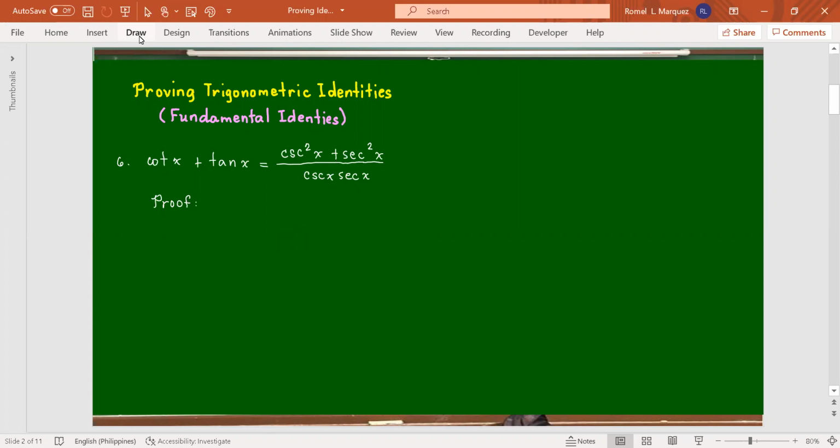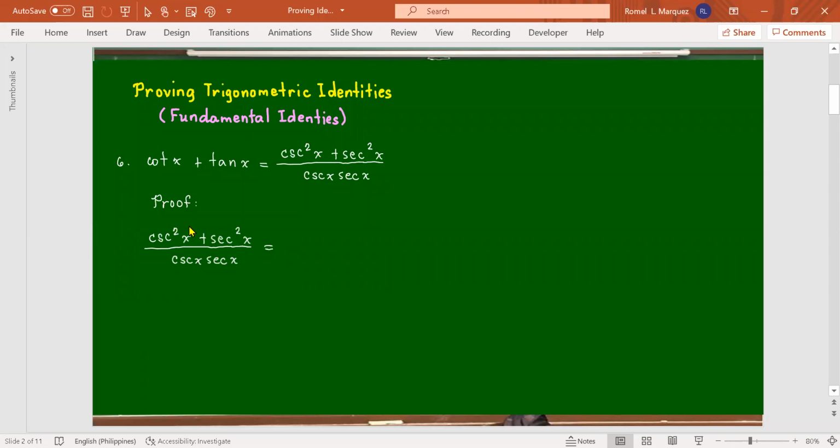So let's copy that part. So this is the side that we're going to work with. Our goal is to express this in terms of a sum of cotangent x and tangent x.